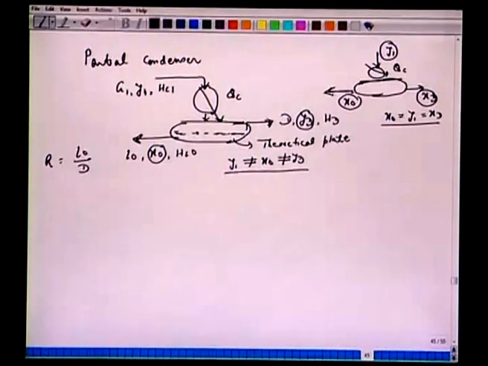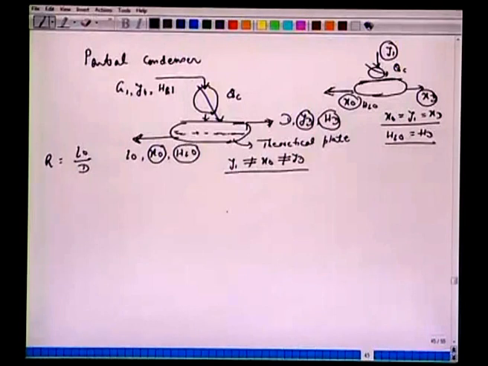None of the three compositions are the same here. In the total condenser case, the enthalpy HL0 was the same as HD. But notice the difference here: enthalpy HD is different from HL0 by the latent heat of vaporization. Similarly, HD is different from Hg1 here, because there is a heat loss QC.